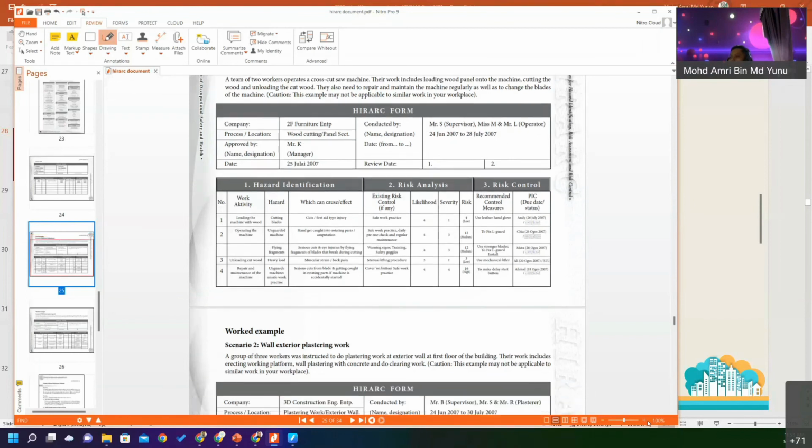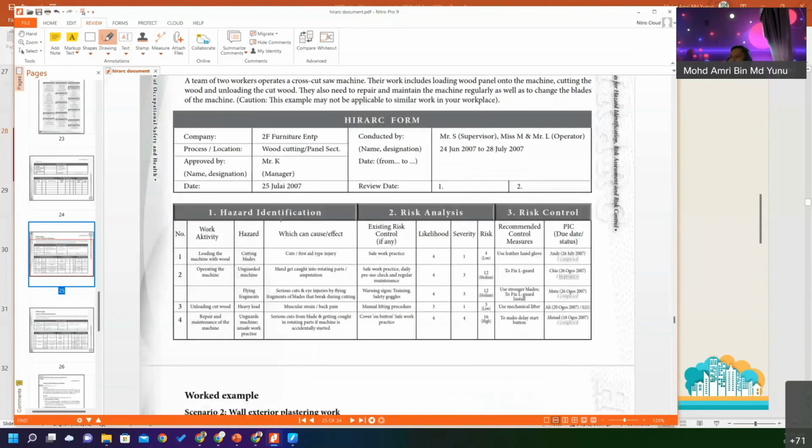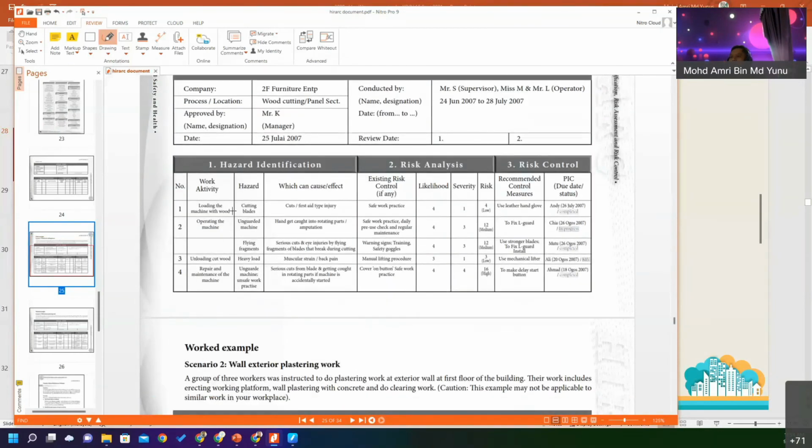So what example hazards have been identified here? For example, loading the machine with wood. So the hazard is the cutting blade, which can cause a cut of first aid type. Existing risk control, if any, safe work process or safe work practice.